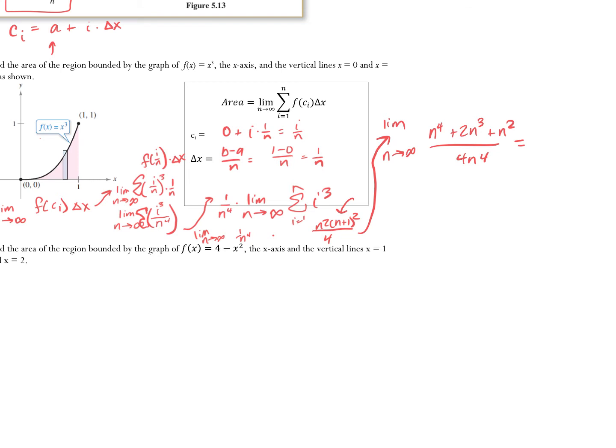What is that limit as n approaches infinity? One over 4. And so the integral from 0 to 1 of x cubed dx is also equal to 1/4. Those two things go hand in hand.